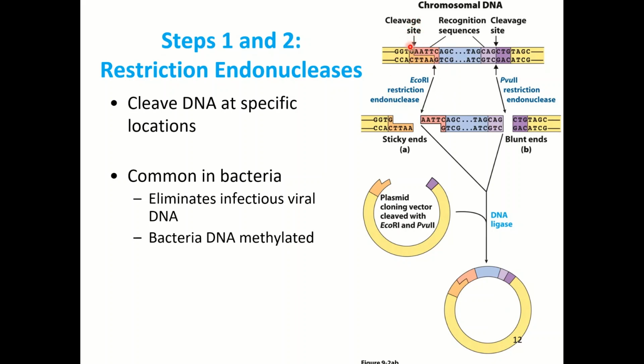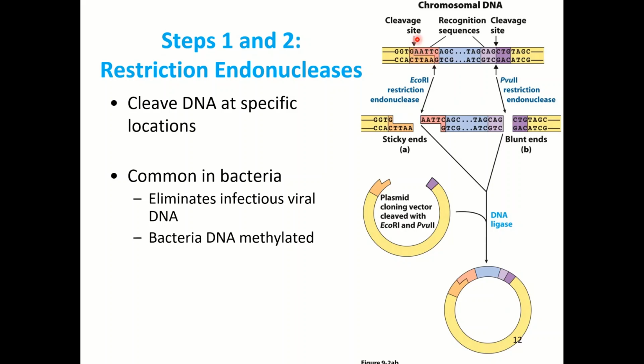Endonucleases, or restriction enzymes, usually cut at very, very specific sites. One might cut at this sequence, shown here, highlighted in orange and red. They don't always cut in a straight line. Sometimes they'll cut in a staggered pattern like this.